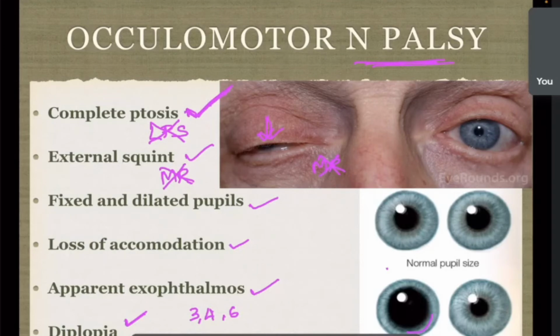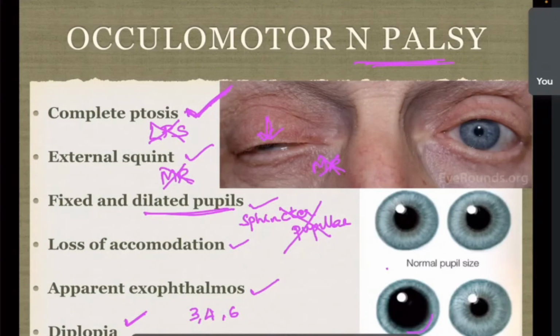The parasympathetic fibers pass through the branch to inferior oblique, and that is going to supply the sphincter pupillae muscle of the iris. So the sphincter pupillae muscle is receiving fibers from the oculomotor nerve. When this oculomotor nerve is paralyzed, this muscle will be paralyzed, and you will get a fixed and dilated pupil. Then accommodation.